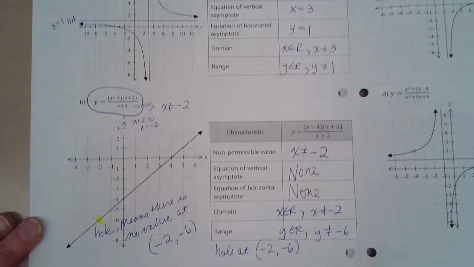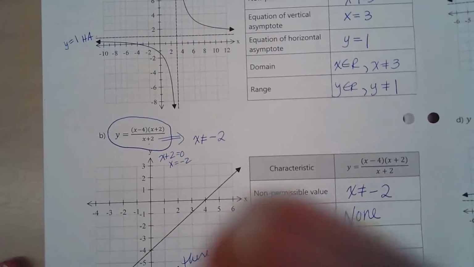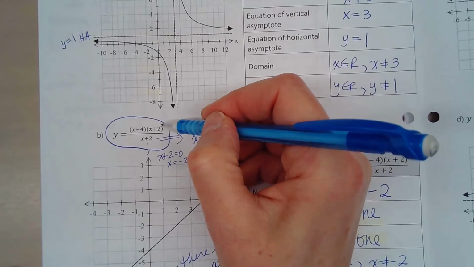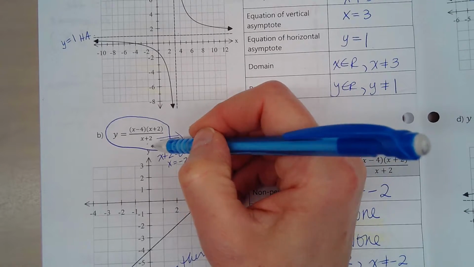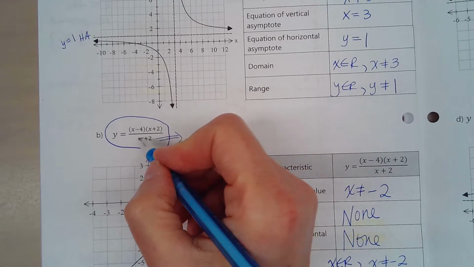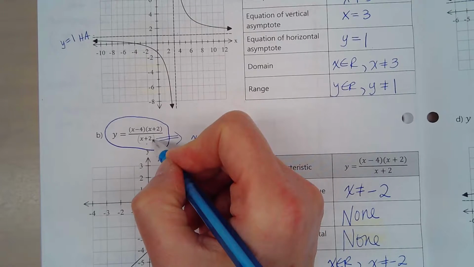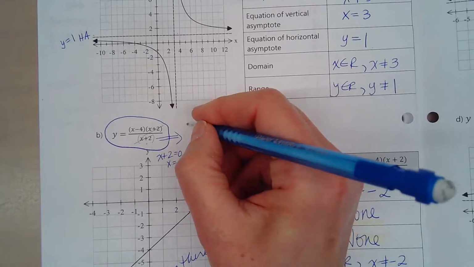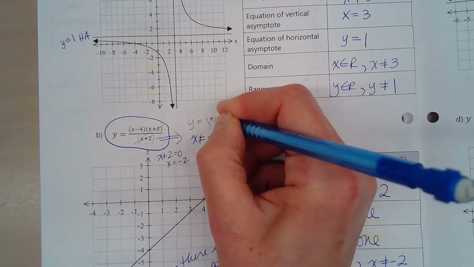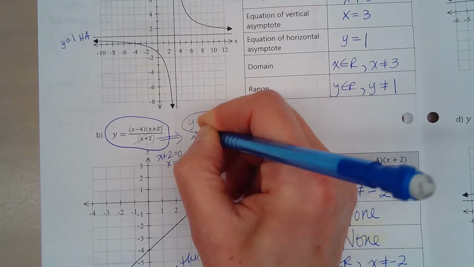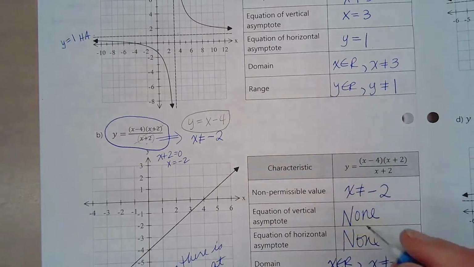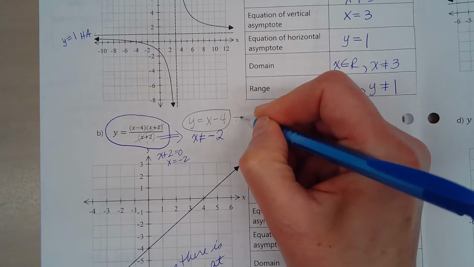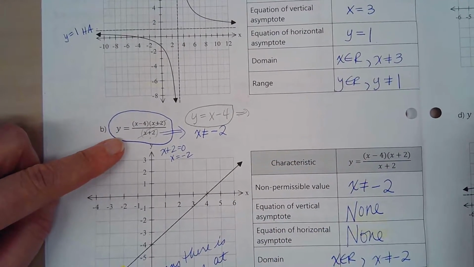Is there anything in the equation? Let's take a closer look at this. What do you see in this? This is a polynomial, right? It's in factored form. Look what happens. These guys are the same factor, right? So they end up canceling out. So what am I left with? And what is x minus 4? Just a line, right? Y-intercept at -4, slope of up 1 over 1. So that's how the line was created. But I can't forget about this -2.